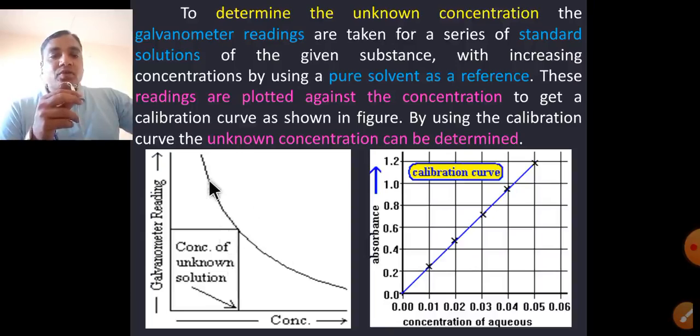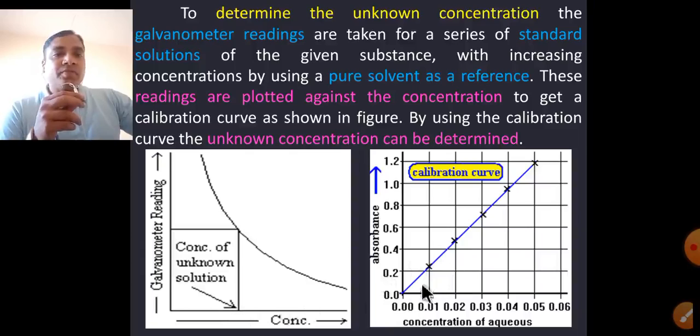Change the concentration, then determine at the wavelength, then plot the graph, and the unknown concentration of the solution may be known by this graph.